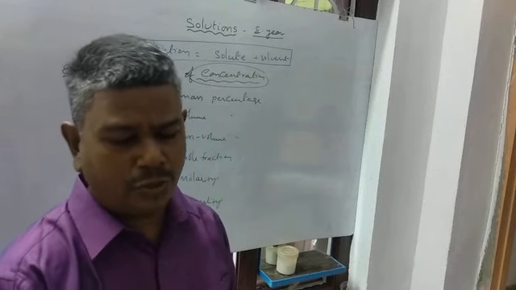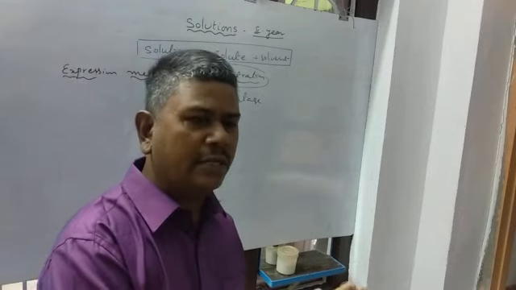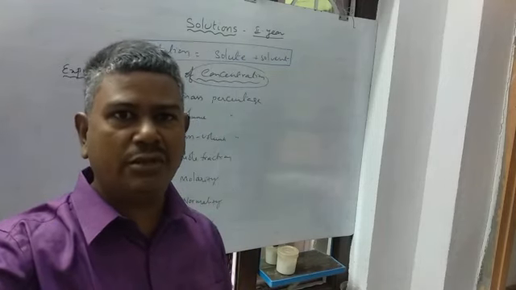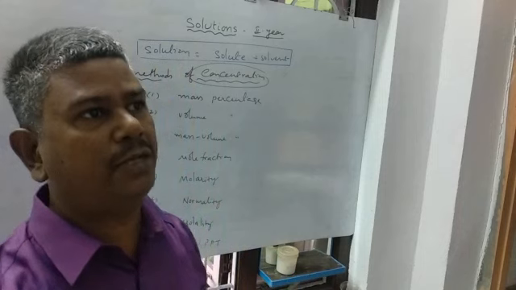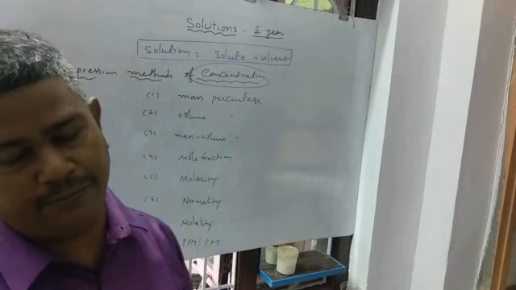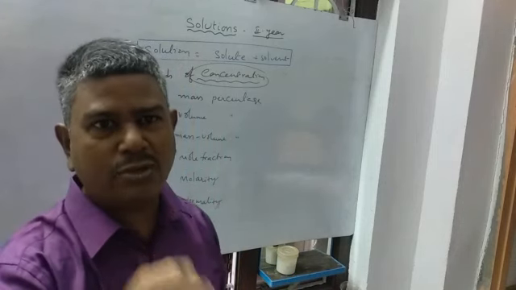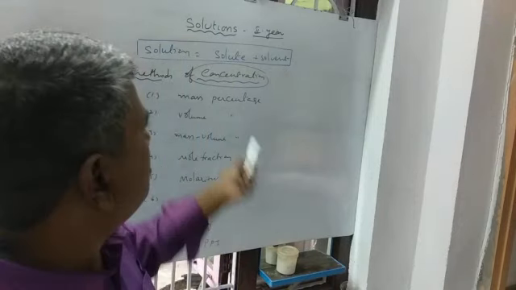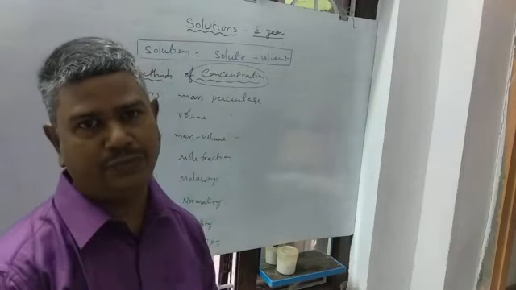Am I right? So what happened here? Every time the quantity of solute increases, the concentration of the solution gradually increases. So how much solute is present in the solution can be expressed in terms of concentration. Clear?